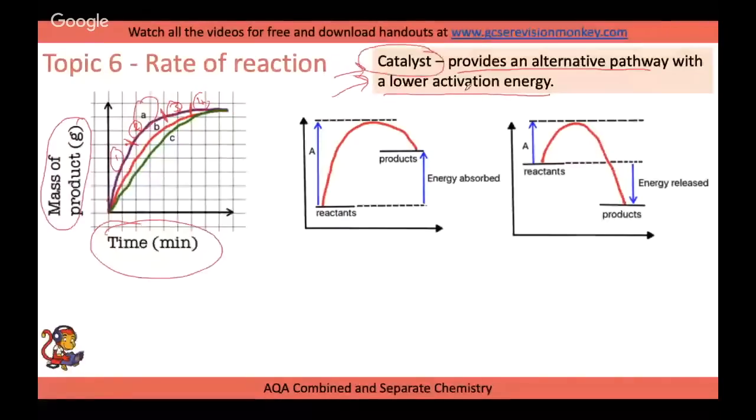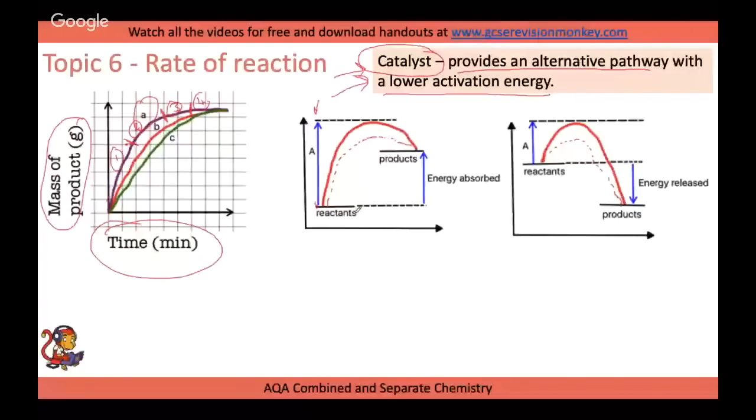If you remember before, the activation energy is this line here from the bottom of the reactants to the peak. So if we're drawing a line with a lower activation energy, you would draw a line on like so, lower than the previous line. So whether it's endo or exo, you do exactly the same thing.